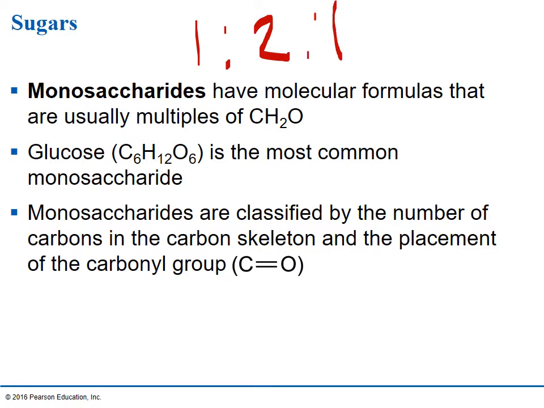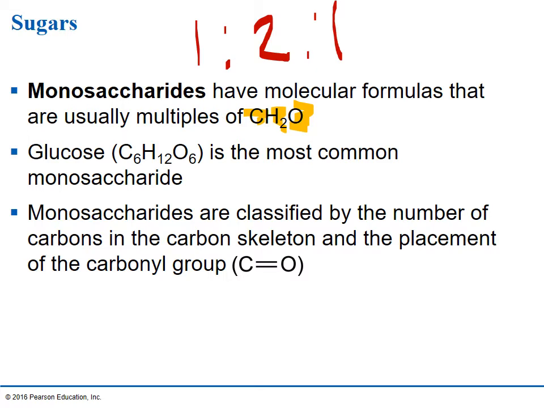When I'm saying 1 to 2 to 1, I mean for every one carbon, there are going to be 2 hydrogens and 1 oxygen. That's useful if you are looking at a structure and you counted the number of carbons and you know it is a carbohydrate. You can just fill in how many hydrogens and oxygens should also be present.